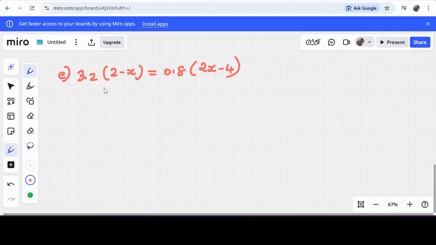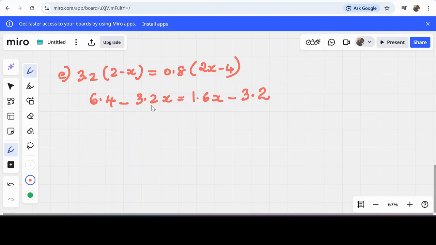Here also the same, we can multiply to the inside. So 3.2 into 2, which is 6.4, minus 3.2x, which is equal to 0.8 into 2, which is 1.6, so 1.6x minus 0.8 into 4, which is 3.2.